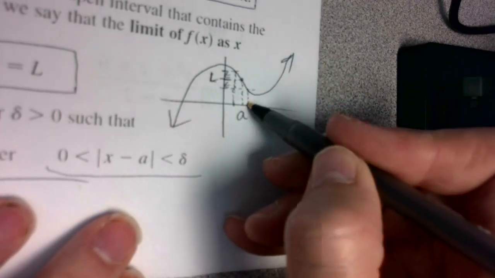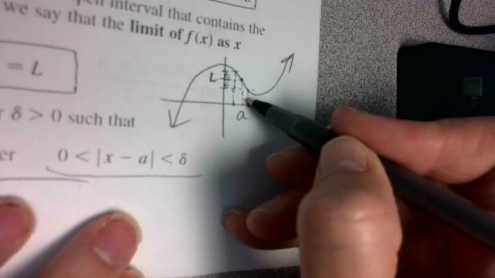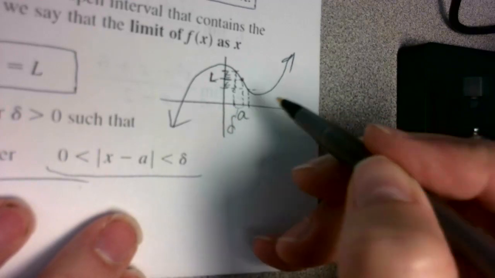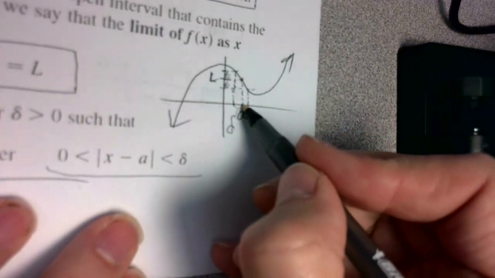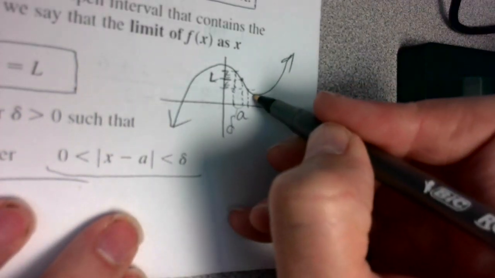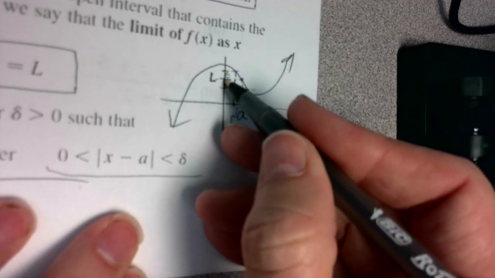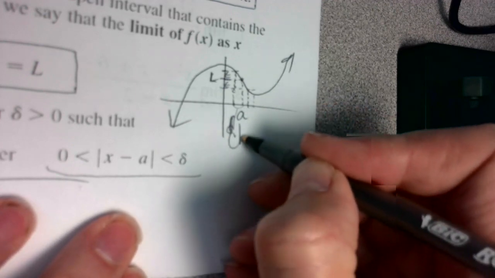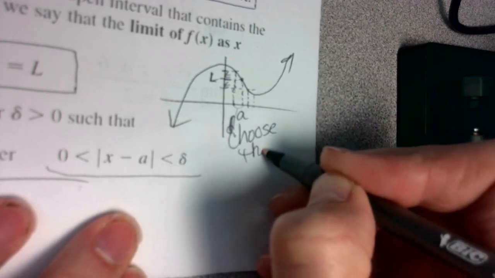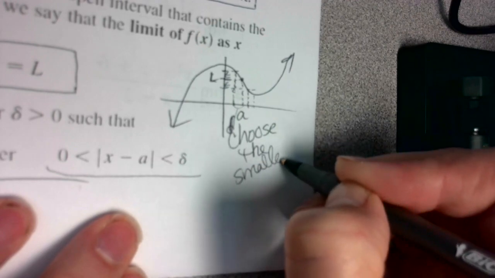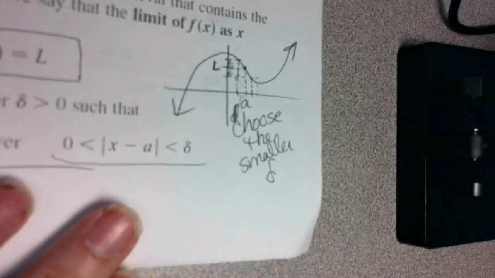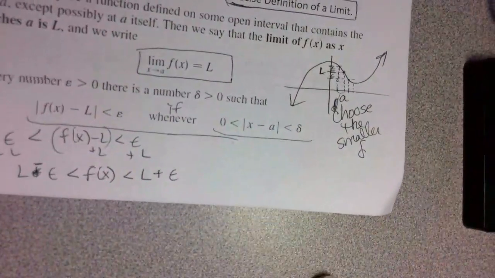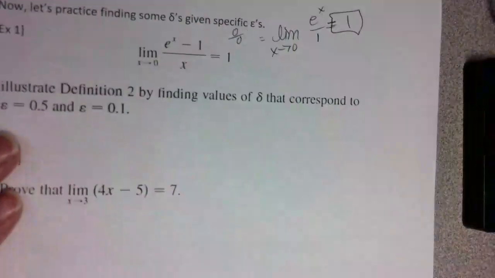Sometimes that's the case. And so I could not choose my delta to be this bigger part because if I ran that same distance over here, I'm out of the L minus epsilon spot, right? So all you have to do is choose the smaller delta on whichever side of that a value. That's the idea of finding those deltas.